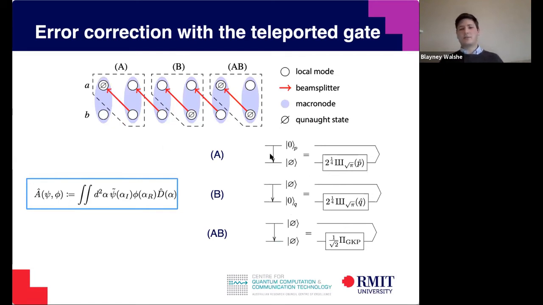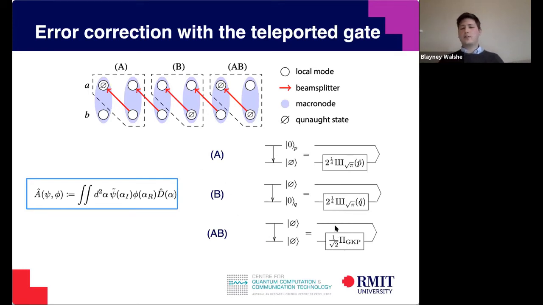These are just the results. If you have a Q0 state in one position, then you get half of error correction, and which spot you have it in tells you which quadrature you're going to correct. But if you have it in both, you get the full GKP projector, which corrects both position and momentum.